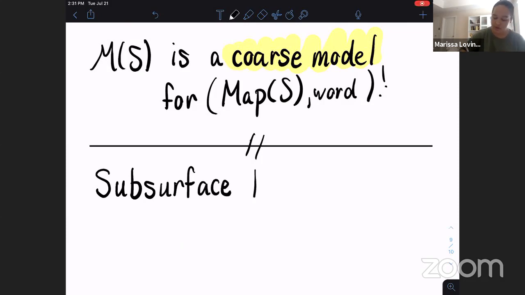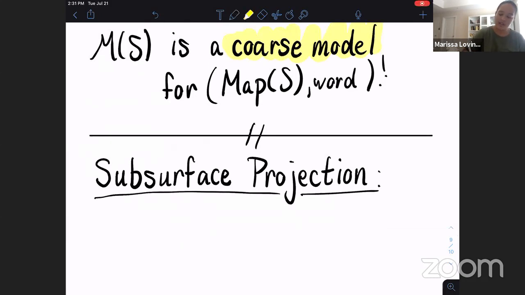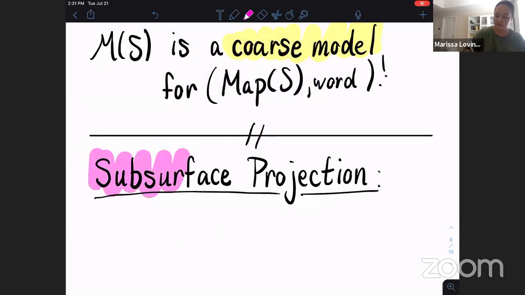Okay, so we've introduced these two neat complexes, the pants graph and the marking graph. But isn't this a little early to abandon all hope for the curve complex?